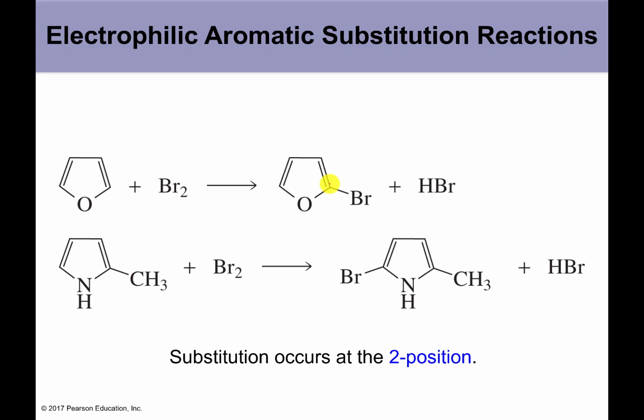And this is for the same reason we talked about protonation occurring. We'll show the mechanism in a little bit, but in general, substitution in 5-membered heterocycles occurs at the 2 position.